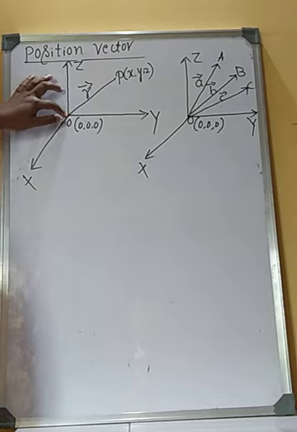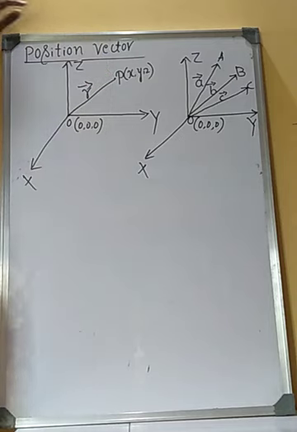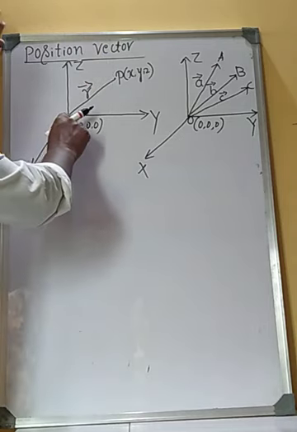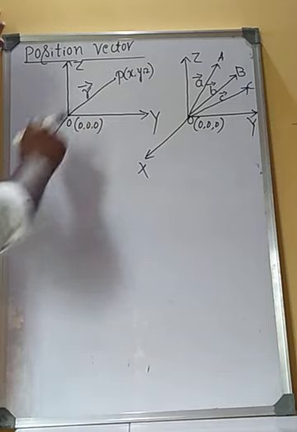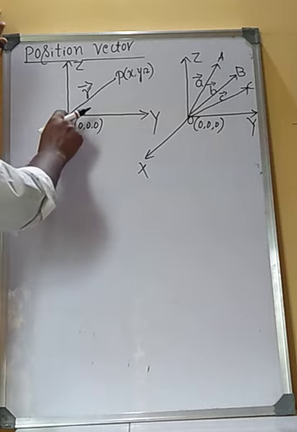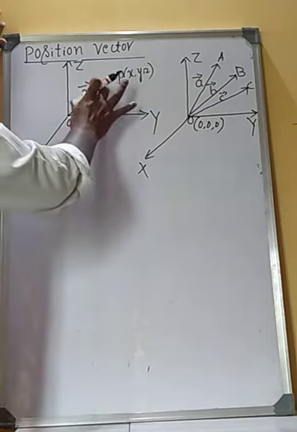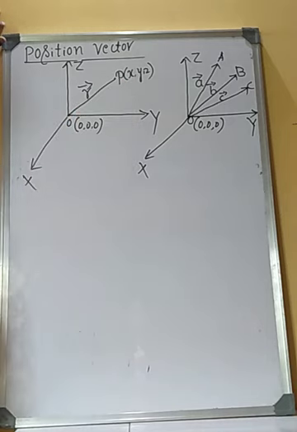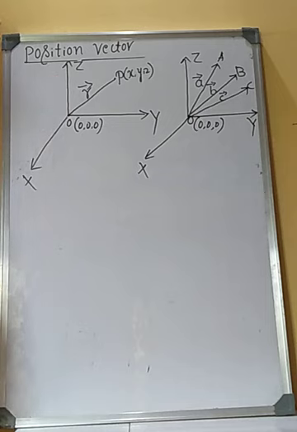Then the vector OP, having O and P as its initial and terminal points respectively, is called the position vector of a point P with respect to origin O.